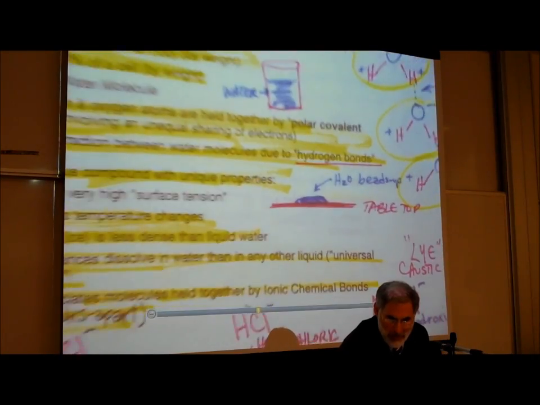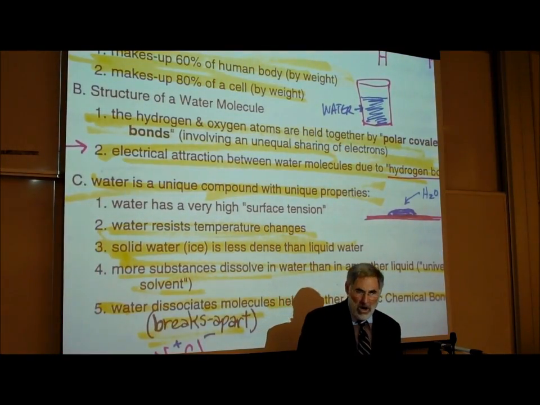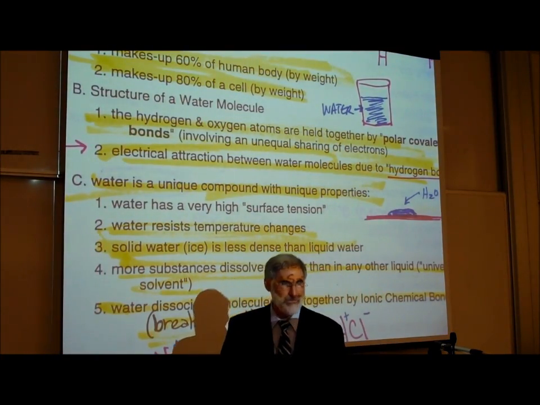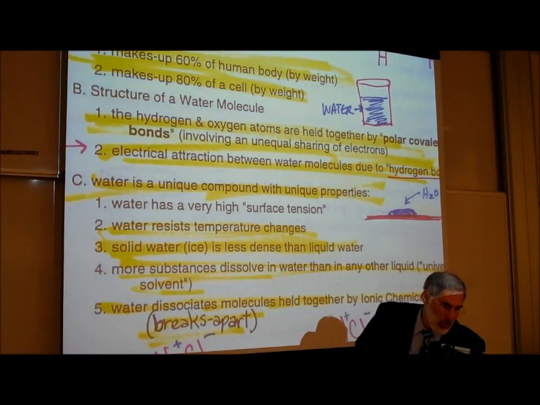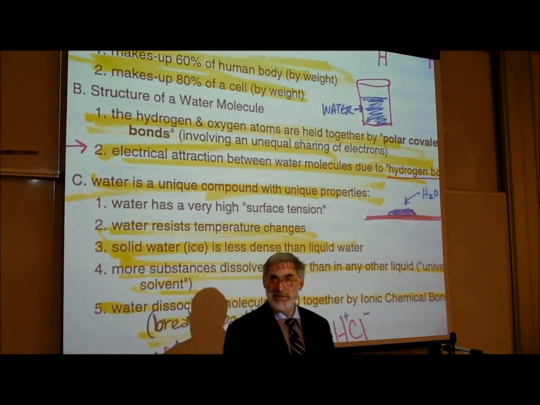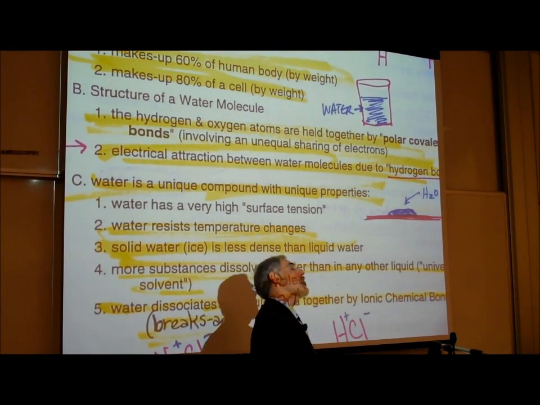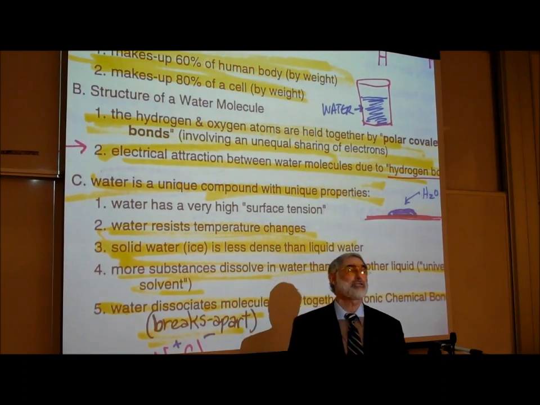Another unique property of water, something that's even more important in terms of living things, number two, is that water resists temperature changes. In other words, when it's hot, water tends to absorb heat and make things cooler. But on the other hand, when it's cold, water tends to actually retain heat and make things warmer.